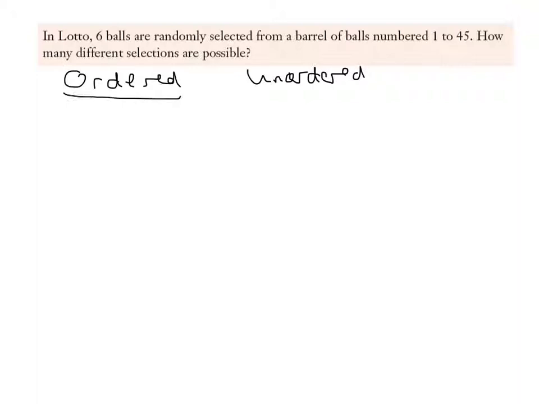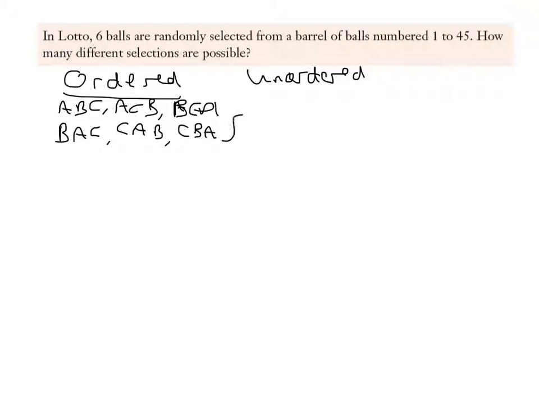With ordered, there are more outcomes because A, B, C could be A, B, C, or A, C, B, B, C, A, B, A, C, C, A, B, or C, B, A. Because they all come in different orders, they're all different outcomes, or different ways of an answer occurring.